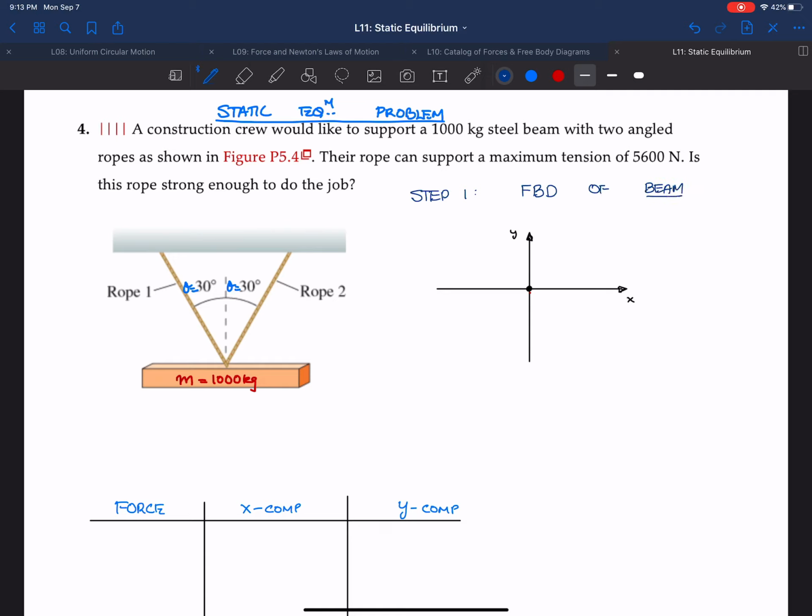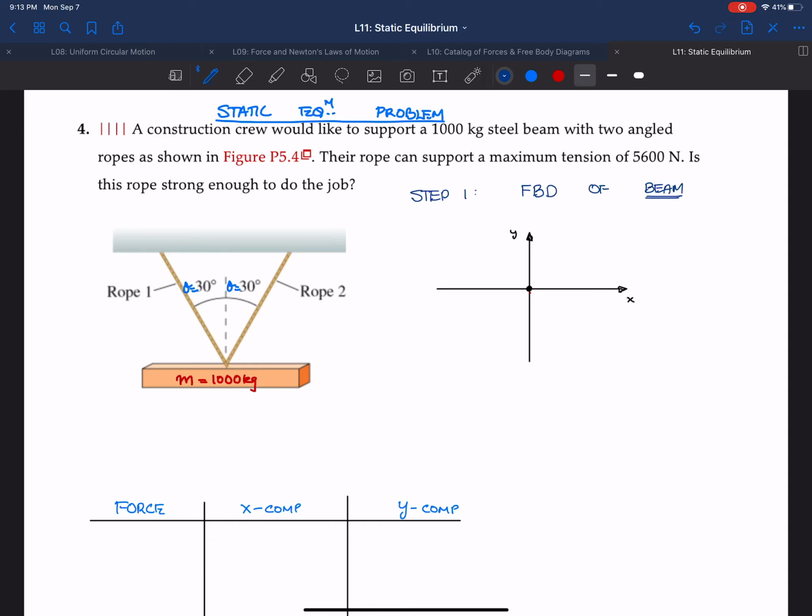What are the forces acting on the beam? Now, when you're drawing a free body diagram in a numerical problem like this, we obviously don't know what the magnitudes of these forces are. So we can't draw the arrows of the correct length, but it just gives us an idea of the directions of these forces. Okay, what are the forces and what are the directions?